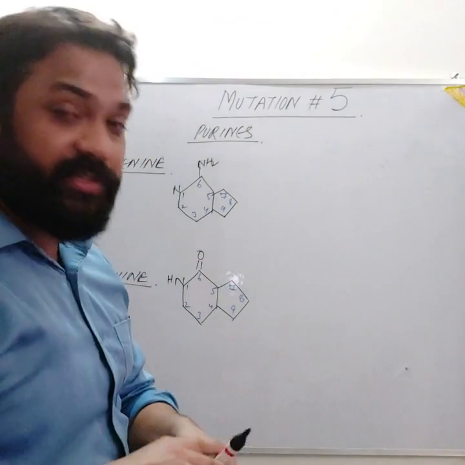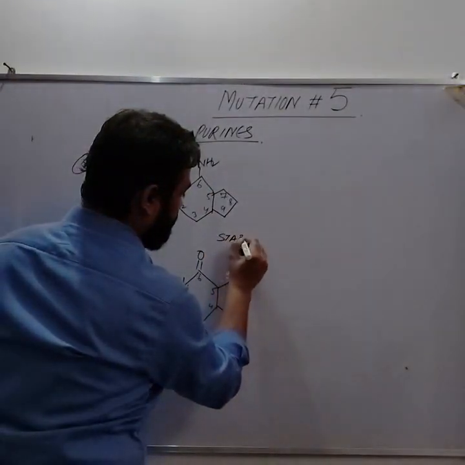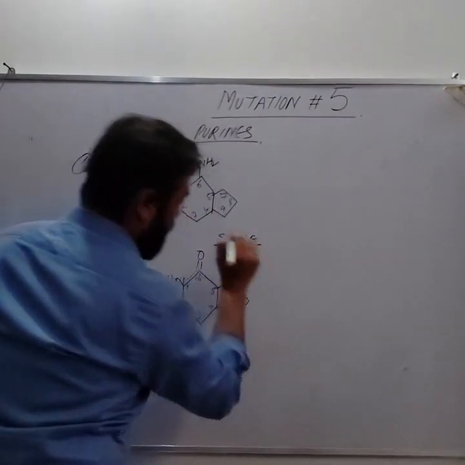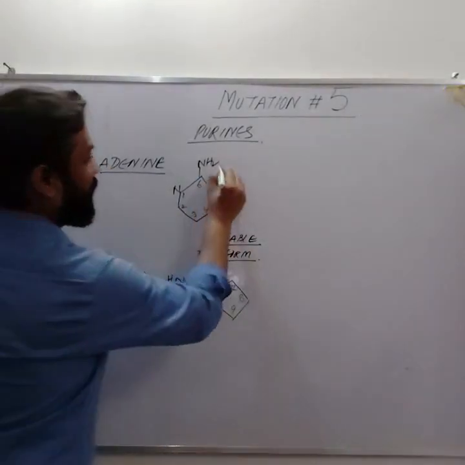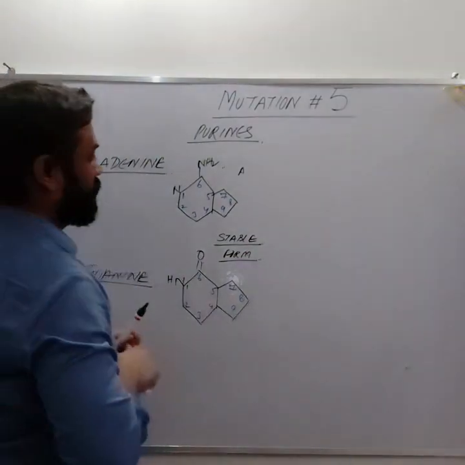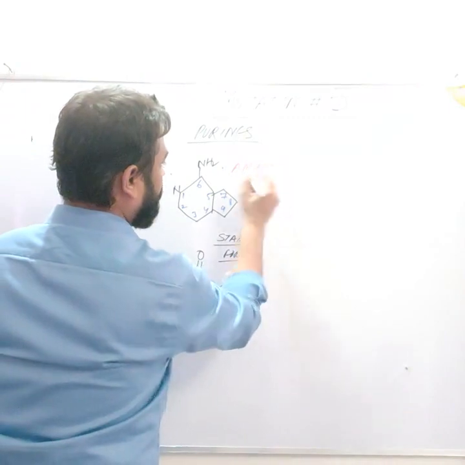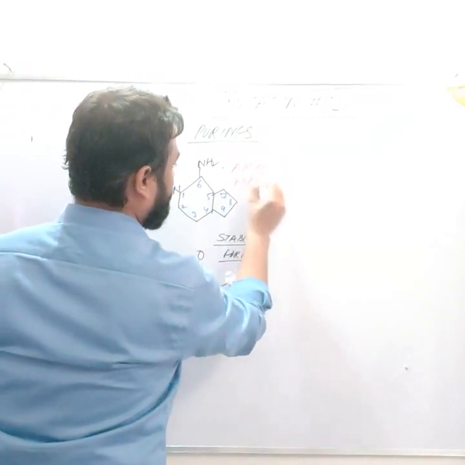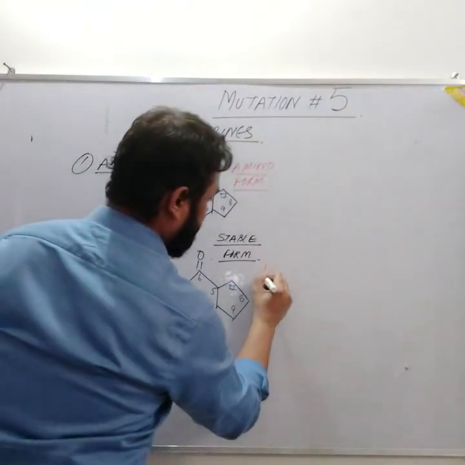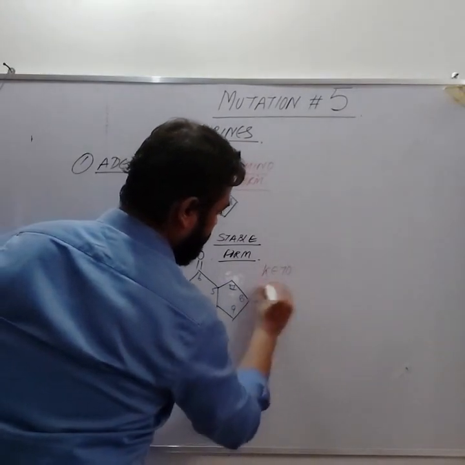Now these are the normal structures that we study, and these structures are the stable form. Because of the group added, this is the amino form of adenine, and because of this group, this is the keto form.